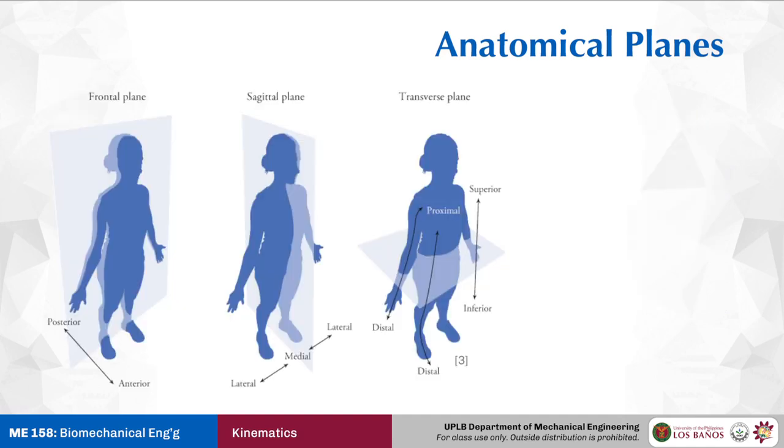Another illustration here for the human anatomical system shows you the direction of naming conventions. So these have been covered by our veterinary medicine counterparts. So for the frontal plane, the front and back are referred to as the anterior and posterior, respectively. For the sagittal plane, the side to side.